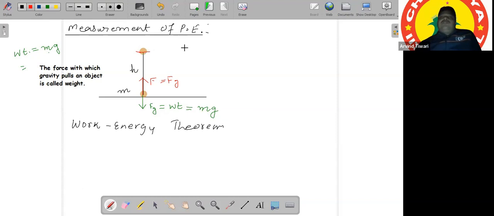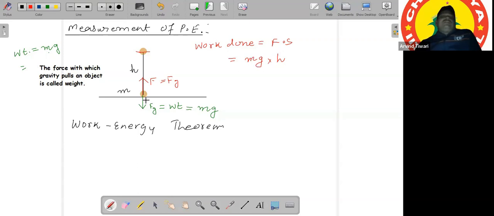So the amount of work done is given by force into displacement. I must apply a force equal to the gravitational force, which is the weight mg, and the displacement here is h. So therefore, work has been done as mgh.